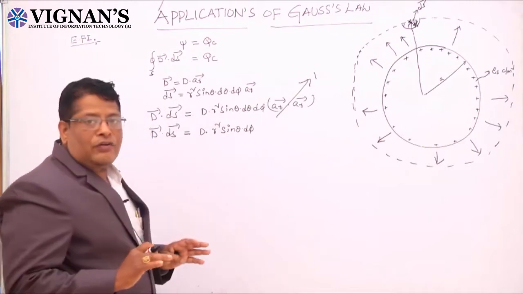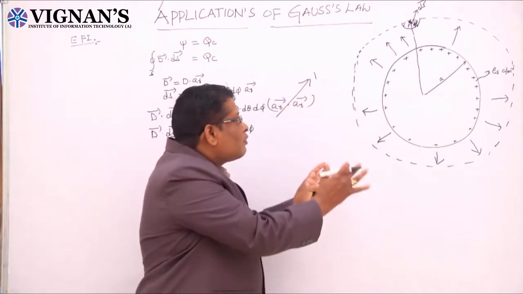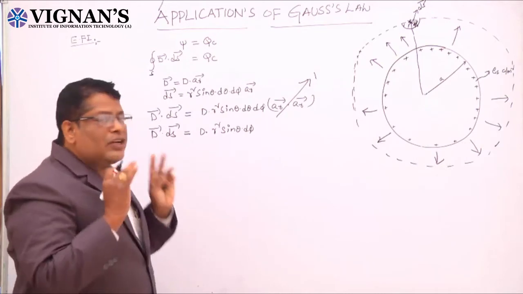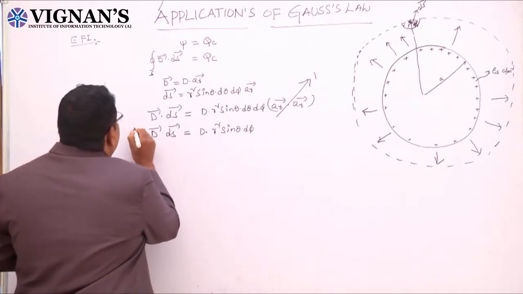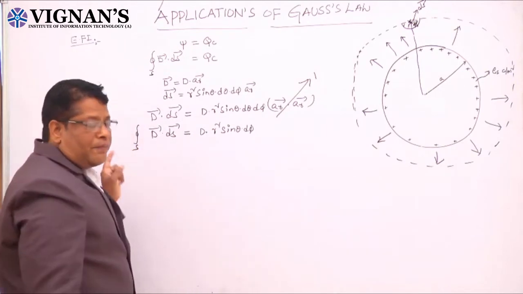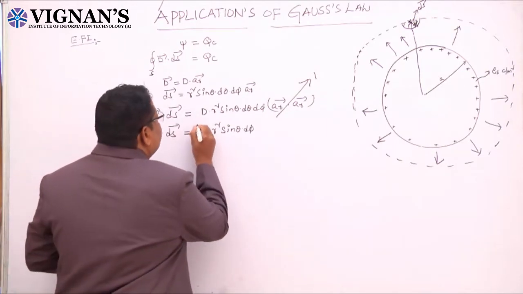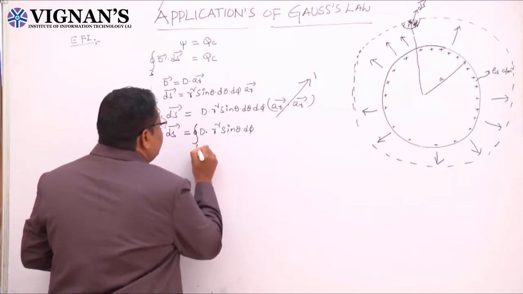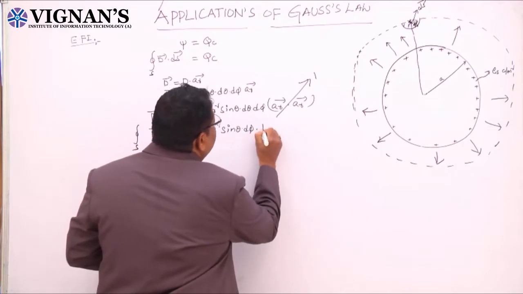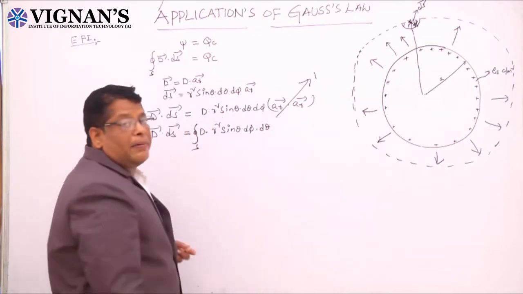Now we want to find out how much flux is leaving from the total surface. For that, we are integrating this, a surface integral on both sides. Surface integral is nothing but a double integral.